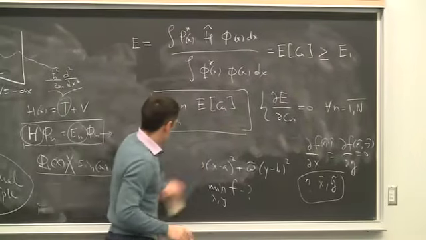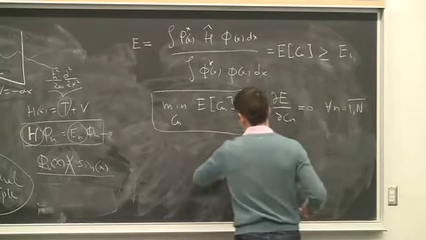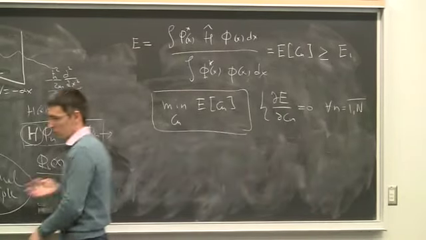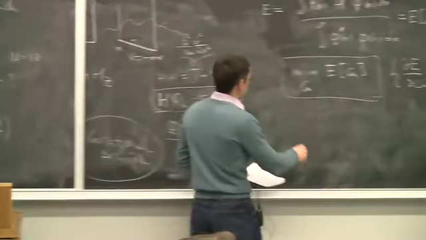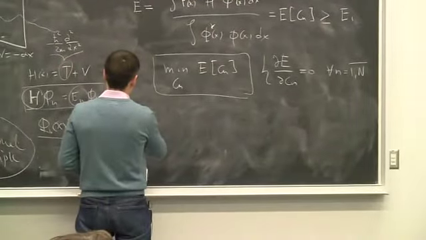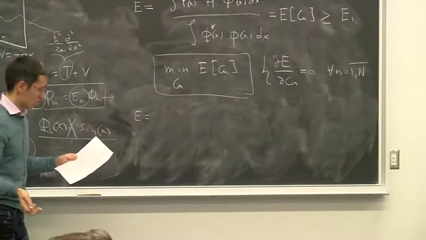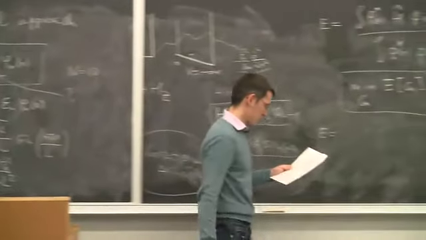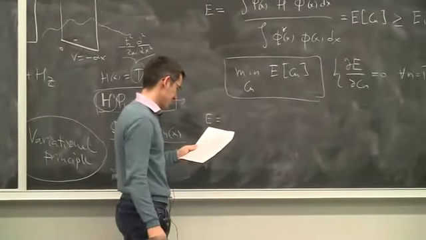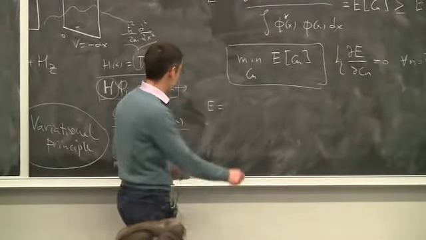Okay, good. So let's find this function, right? In order to take the derivative of the function, we need to know the function. And here, what will help us is, again, the orthonormality of the particle in the box functions, and the fact that we can calculate some of the integrals, essentially.